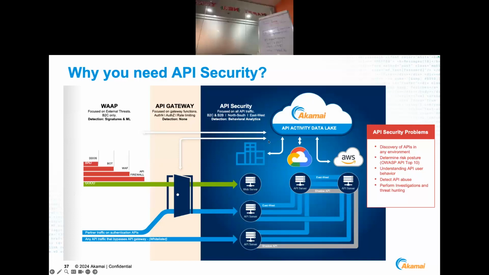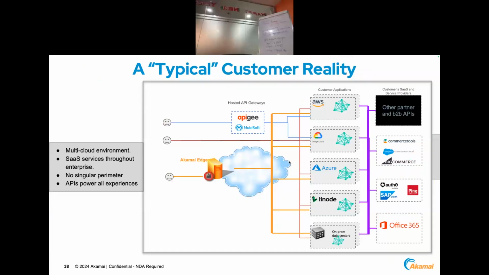So API security is the only solution that can cover basically A to Z, from basic API parameter abuse up to behavior analytics. We're able to capture all the API activity, whether it is north-south API traffic or east-west API traffic.